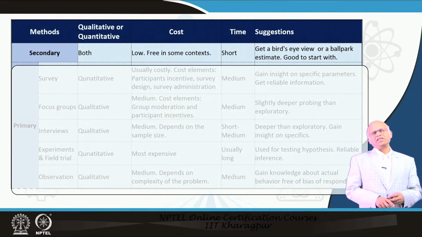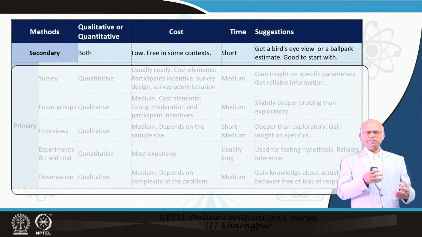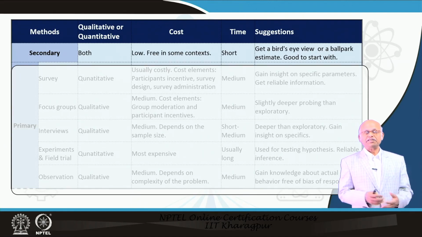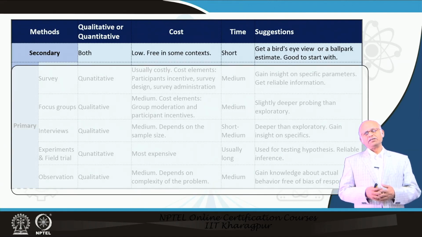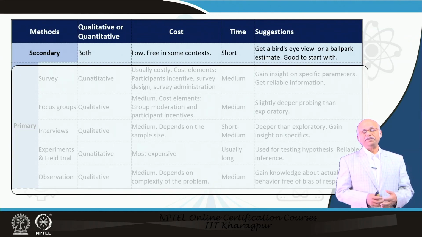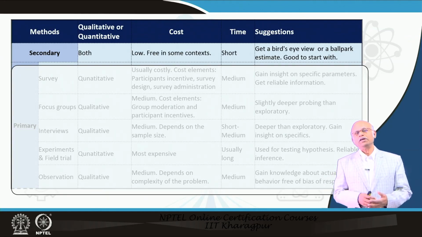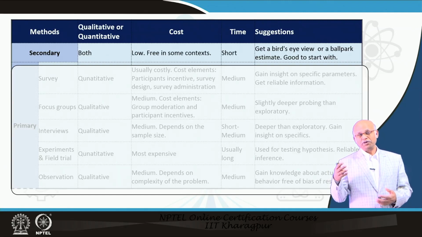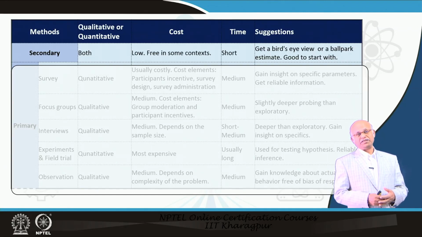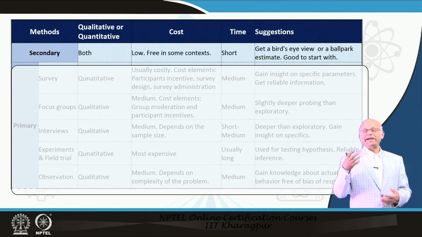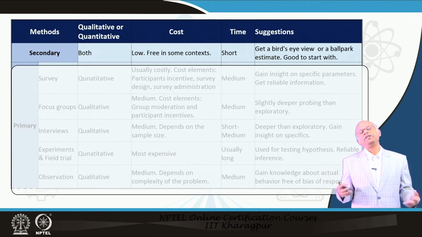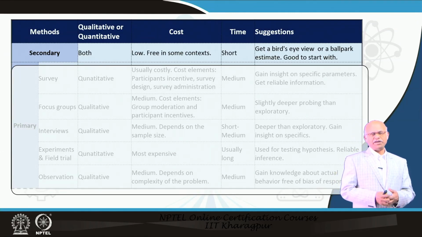Now, it is a little bit of comparison about primary and secondary data collection, data gathering. Secondary, if you remember, is gathering available data. You are not asking questions to the people who are the source of the data, but you are gathering data that have been collected by somebody else at some other point.